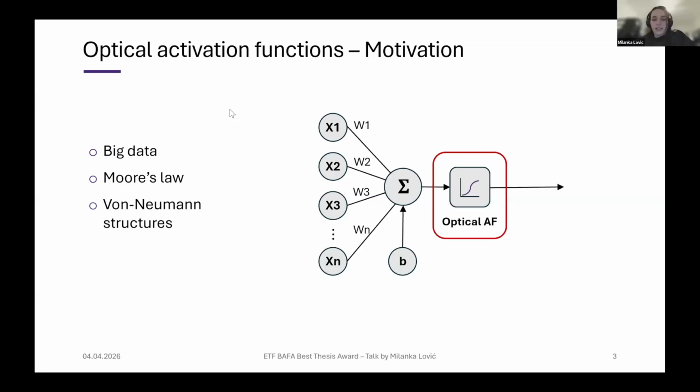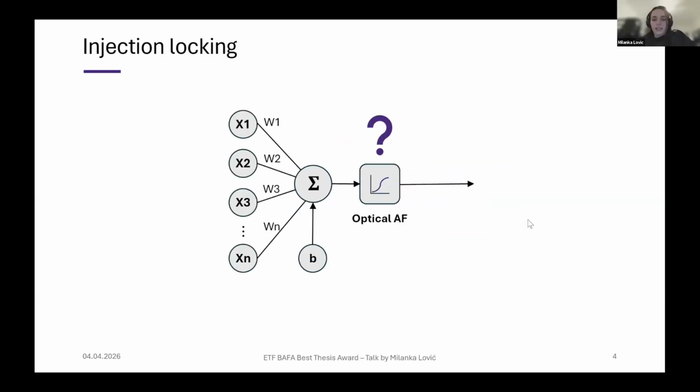So then it may seem that this optical neural network solution has already been implemented, because they seem quite simple to attain. But it's notoriously difficult. We are targeting, in fact, nonlinear functions in optics.